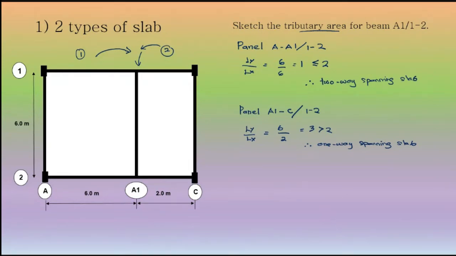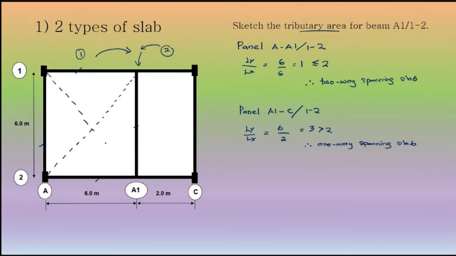Okay, bila two-way spanning slab and the slab bentuk dia square, all these 4 beams akan support load daripada slab. Dalam bentuk apa? Dalam bentuk triangle shape. So daripada bucu kolom, daripada bucu bawah ke bucu atas, daripada bucu atas ke bucu bawah.